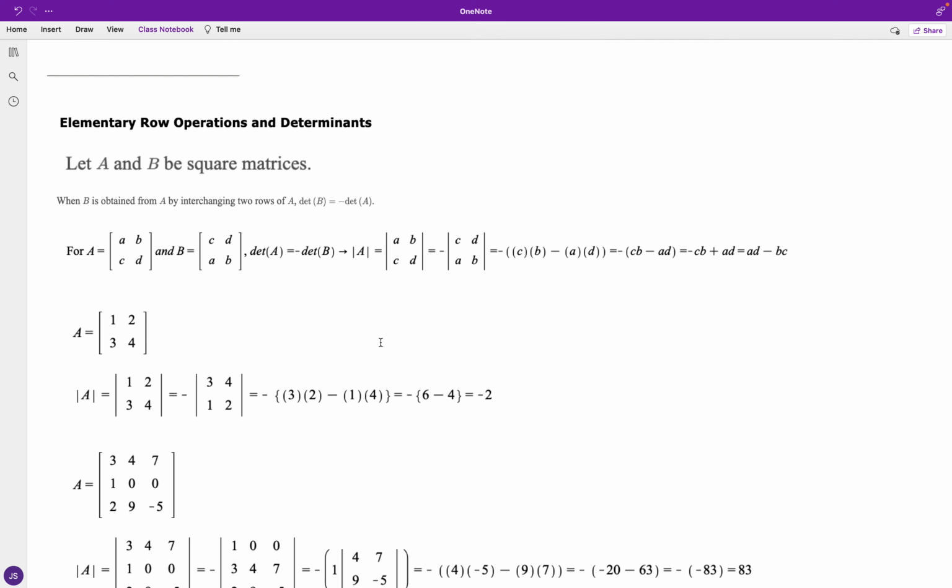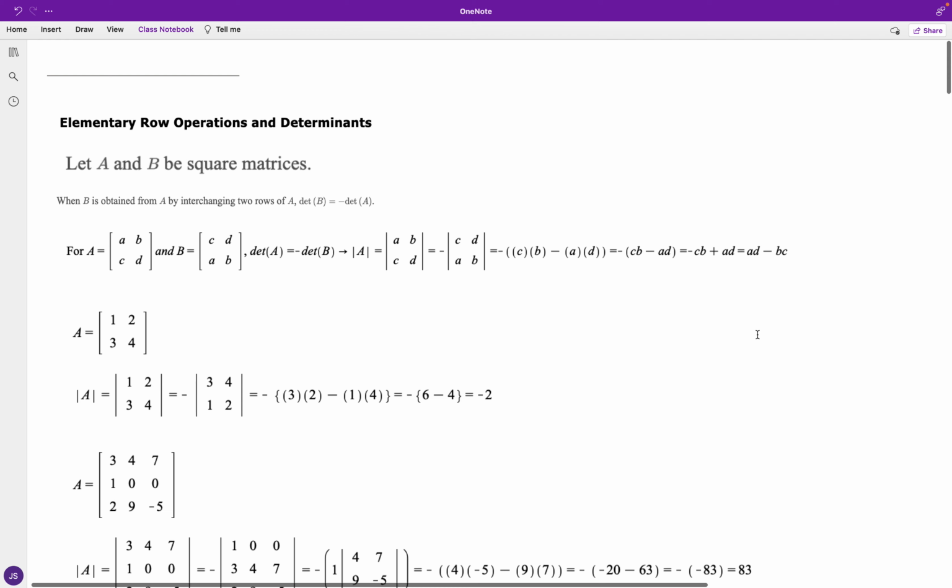And also through the lens of B, the determinant of A is going to be the additive inverse: the negative of the determinant with the top row c and d, the bottom row a and b, which is the negative of the product of c and b minus the product of a and d. Distributing the negative sign over the difference, what was positive becomes negative and vice versa, and so this amounts to a times d minus b times c.